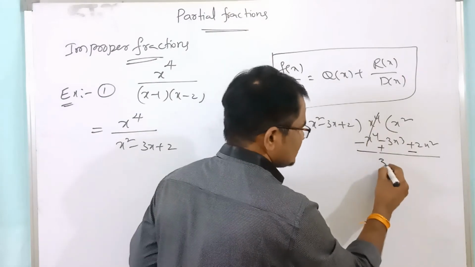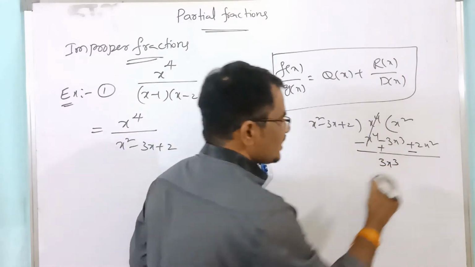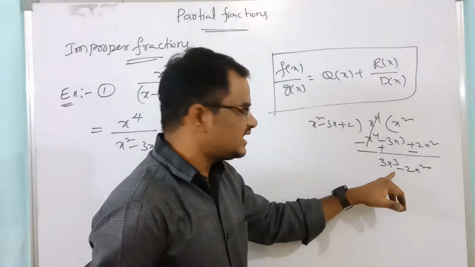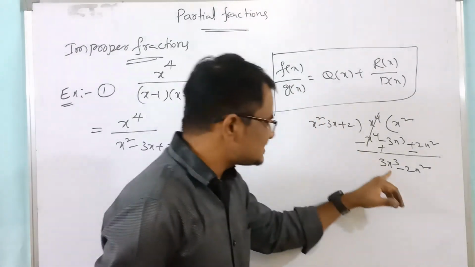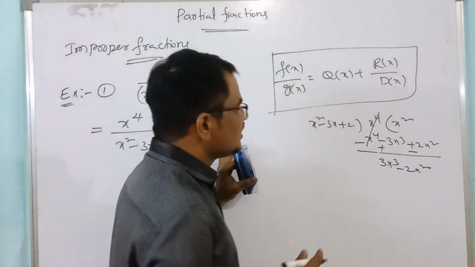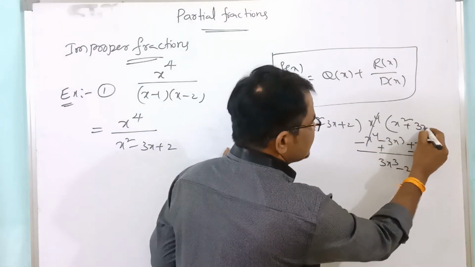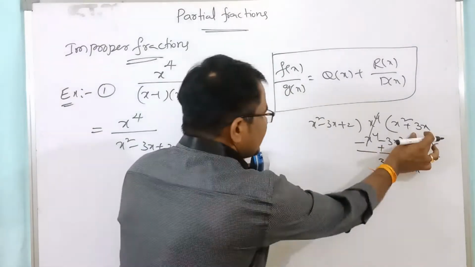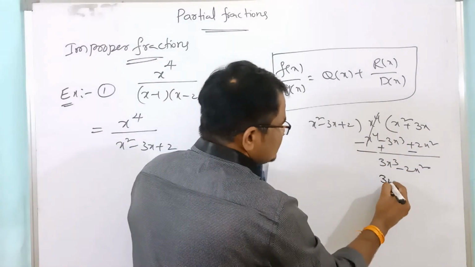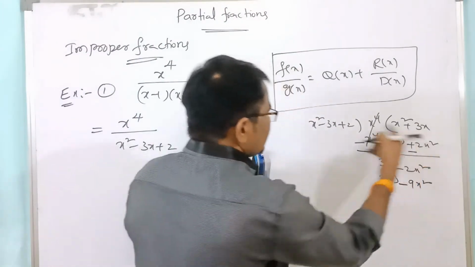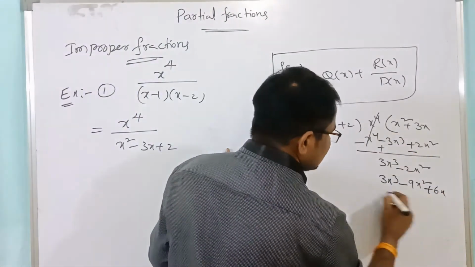These two get cancelled, leaving 3x cube minus 2x square. Again, degree 2 is there, degree 3 is there. The degree of this one is less than the degree of that one, so again we have to divide. How many times? This is plus 3x, right? Now 3x into x square, 3x cube minus 9x square plus 6x.